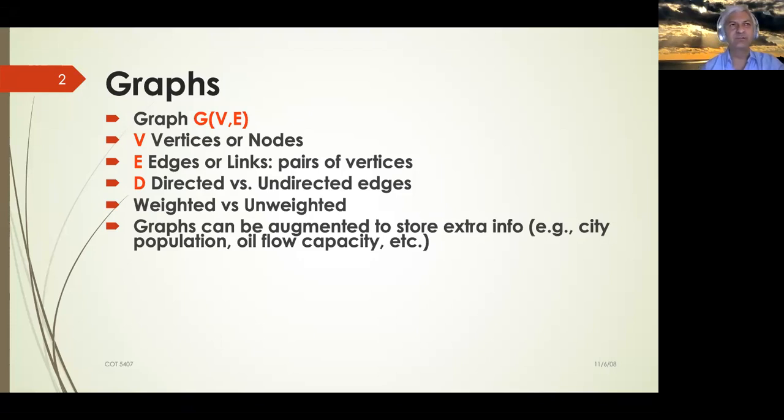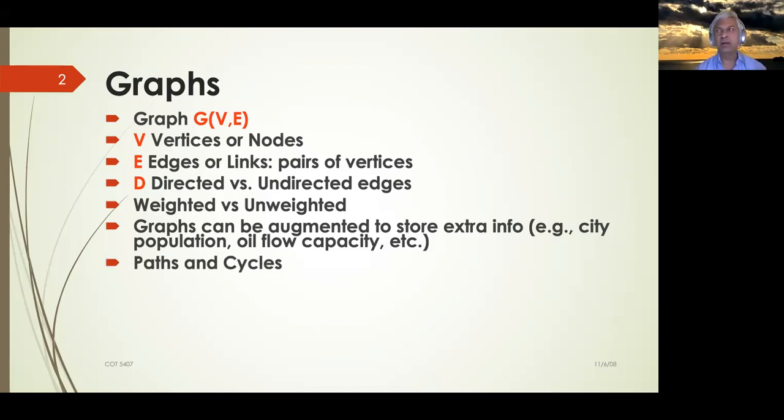For instance, this will help us to solve specific problems that may be related to distances, that may be related to various questions we want to ask about shortest paths, about flow capacities, etc. So depending on the kind of information that you attach to an edge, you can then solve very different kinds of problems in the process.